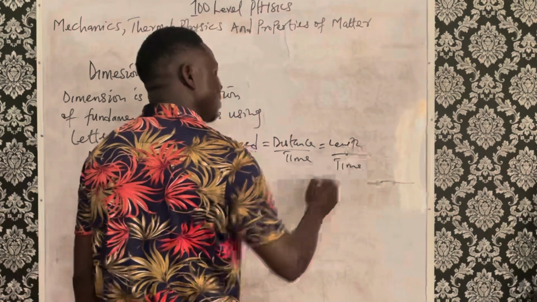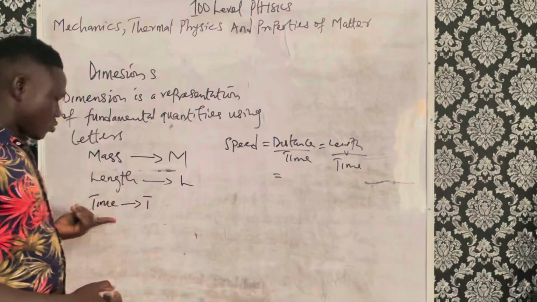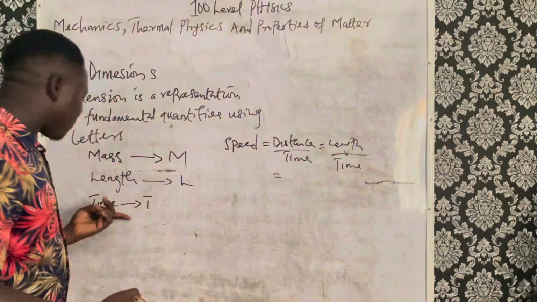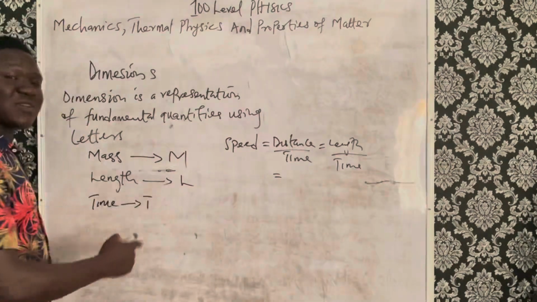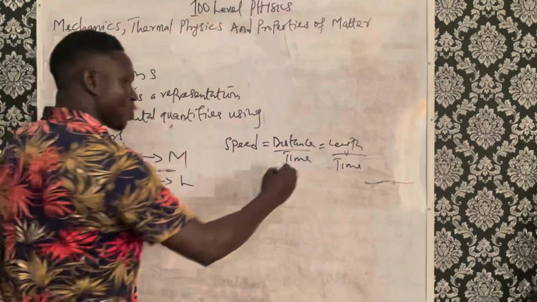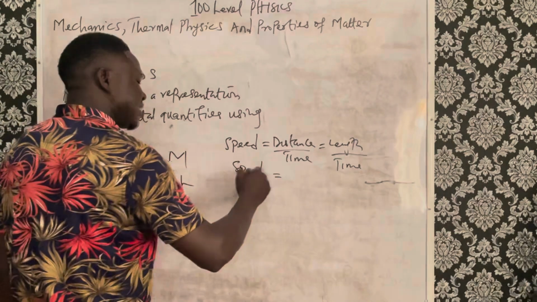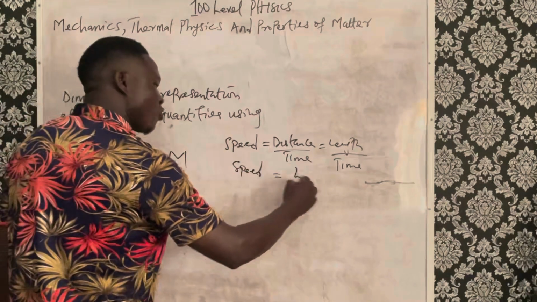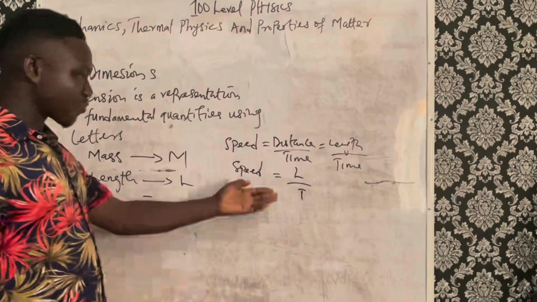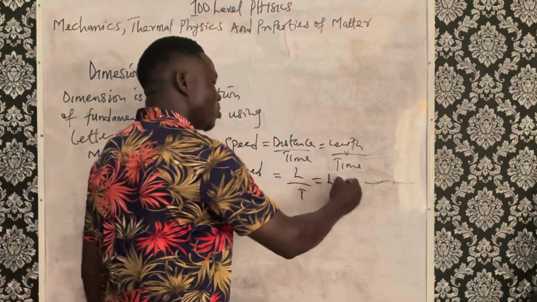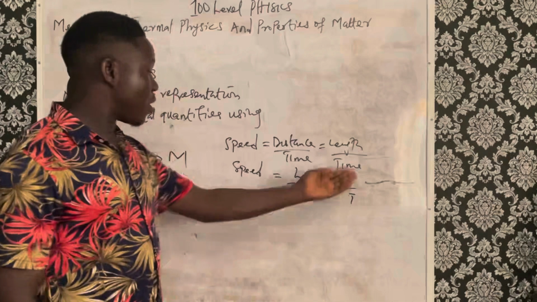Now, we go back to what we have here. Time is represented with a T, and length is represented with L. So speed dimension is just L over T. This can be written as L multiplied by 1 over T, and in mathematics this is what we call a reciprocal.